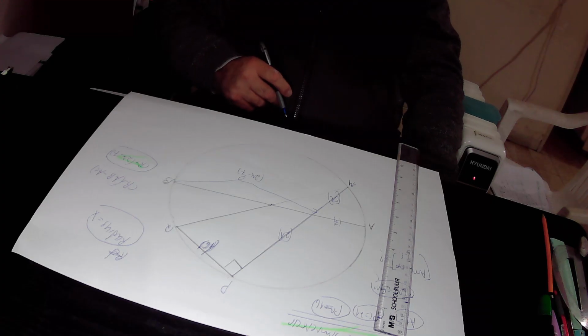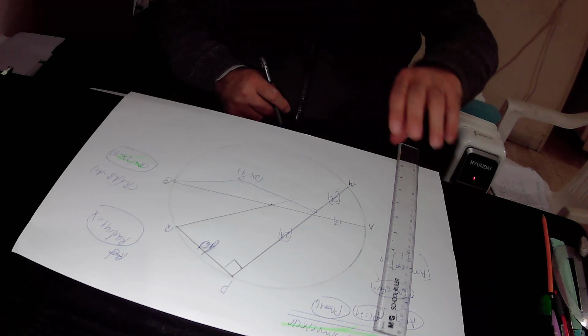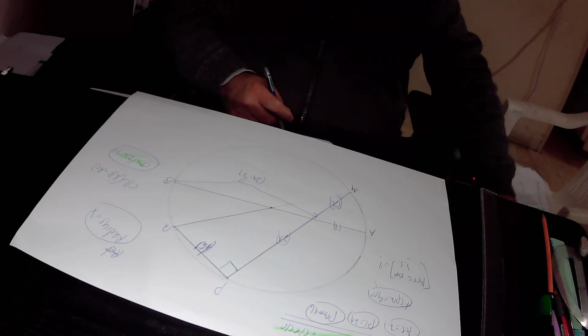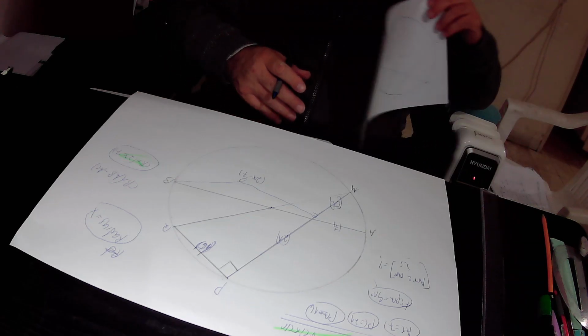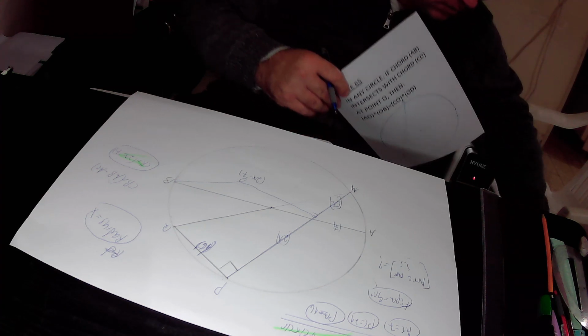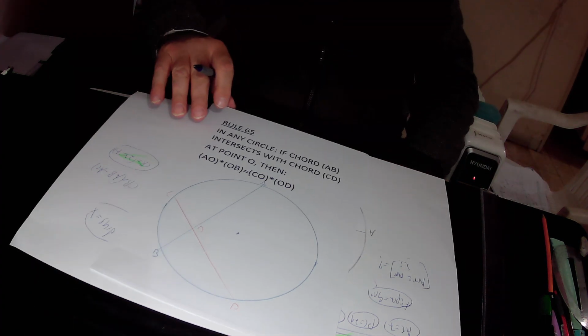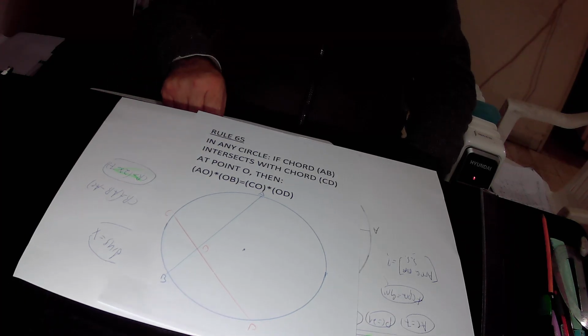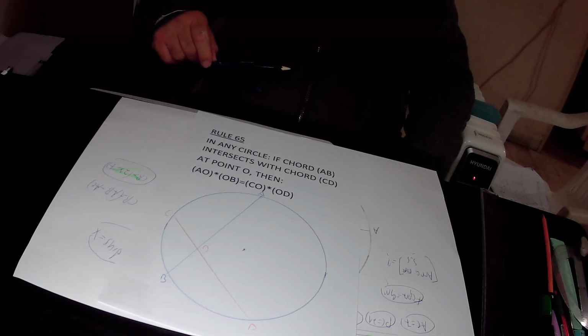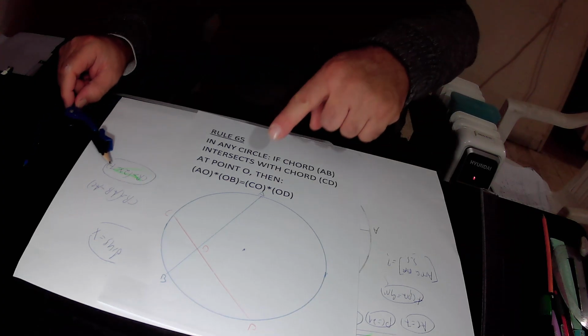So here we can implement rule 65 in our drawing. Let's quickly go over rule 65. First of all, rule 65 is true in any circle.